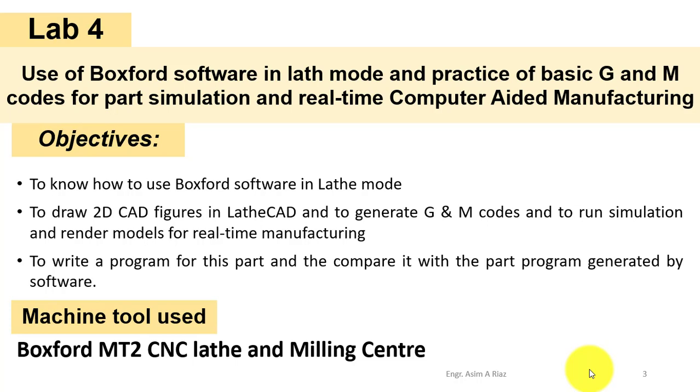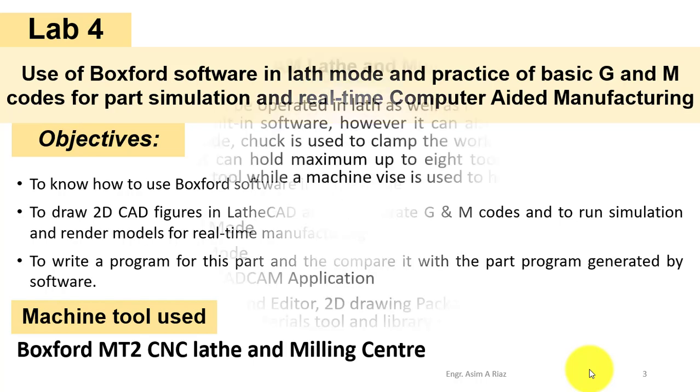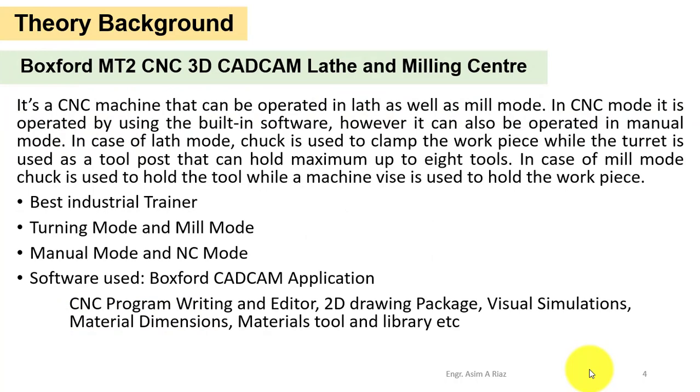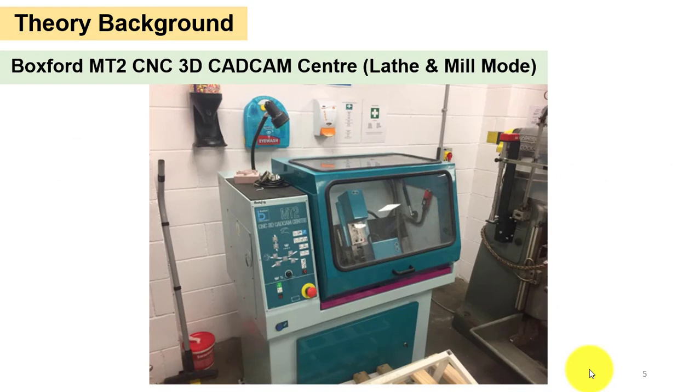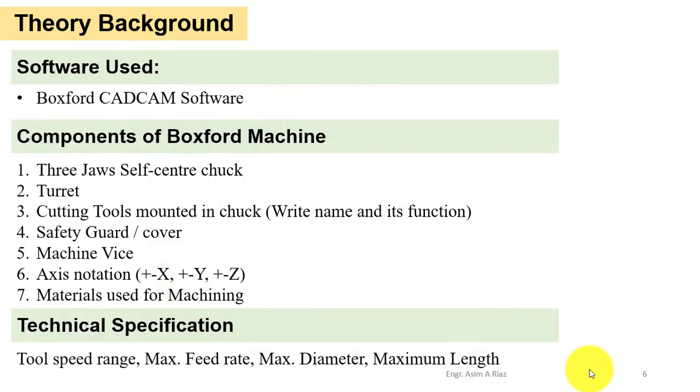Machine tool used: again, this is the same machine which we used in the previous two lectures. This is a description of the Boxford CAD/CAM lathe and milling center. This is the picture of that machine. The software that is compatible with the machine is Boxford CAD/CAM software, which we will use in this lab practical.